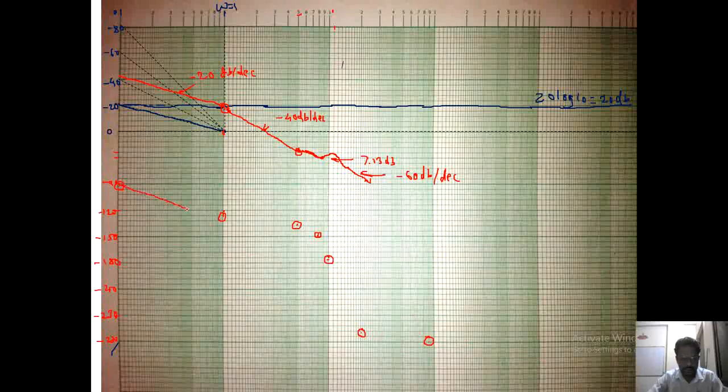The graph will be a smooth curve through all these points. So this is the phase plot.